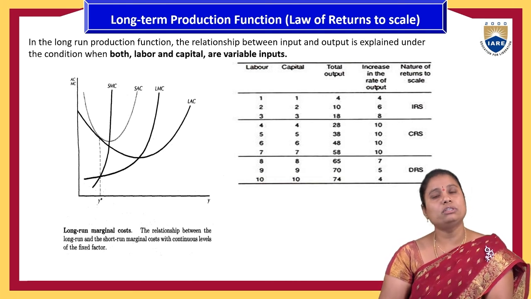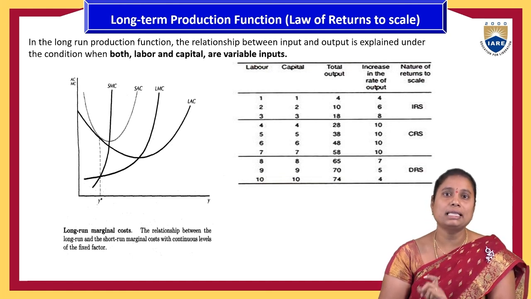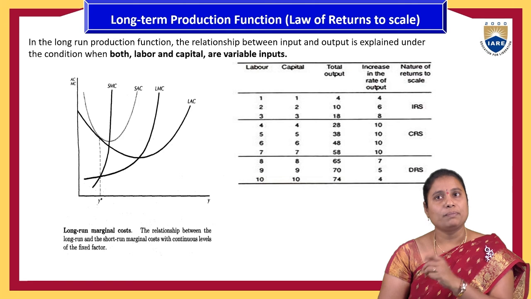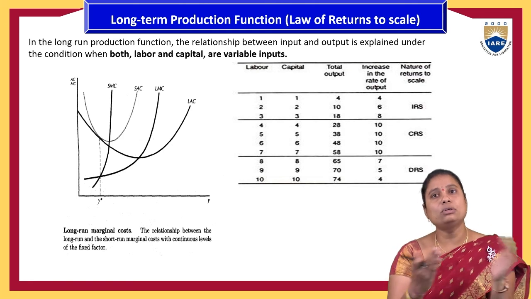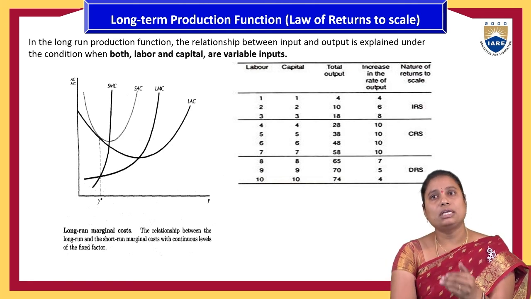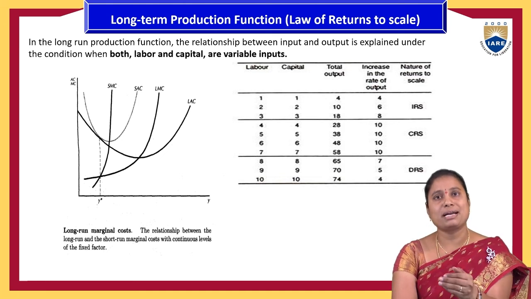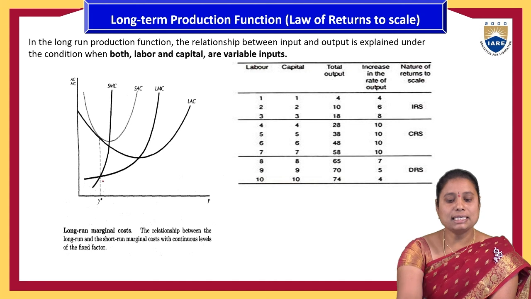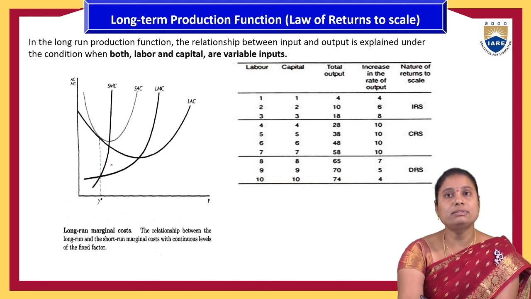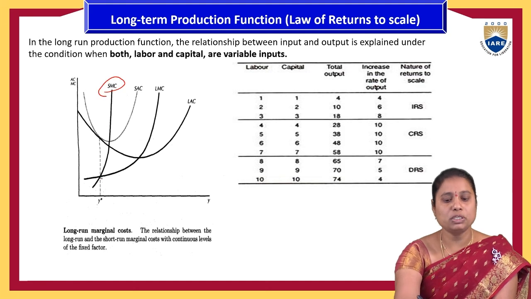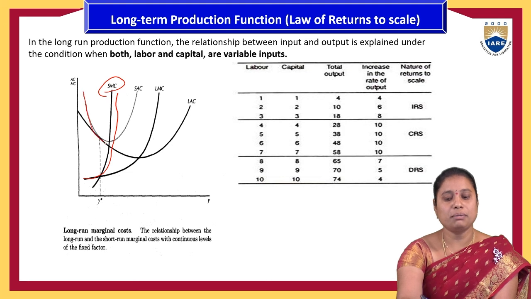In the short-term production function, they concentrate more on the variable change of the inputs than the long-term elements. That is the difference between the short term and the long term. Here the labor has to change, as well as the capital, to get the maximum returns. This graphical representation gives a clear description: the short-term marginal cost will change instantly, along with the short-term average cost.